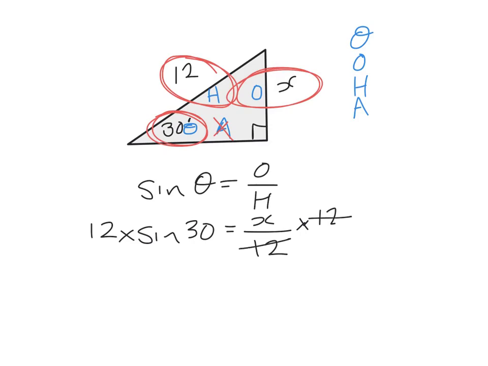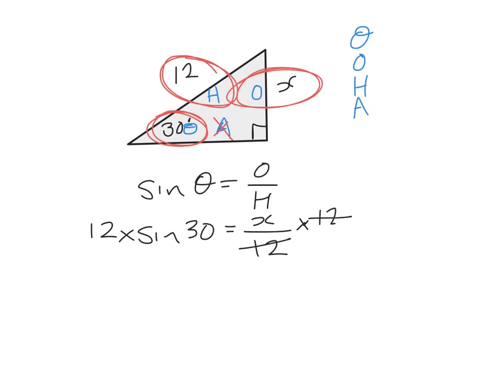Those cancel out. So what we're left with now is a little equation that says 12 times sine 30 equals X. And it's at this point you pick up your calculator. And that's what you tap in. 12 times sine 30 equals... What is it?